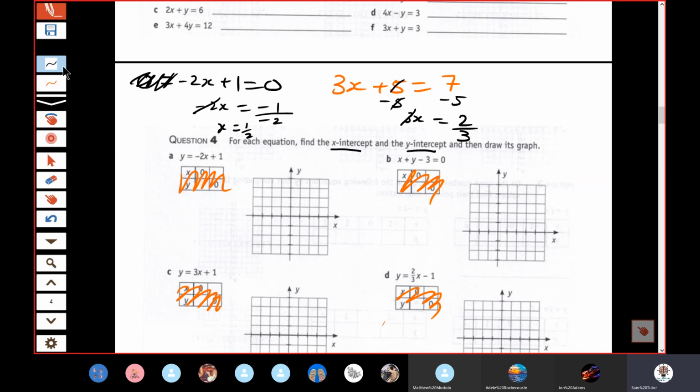One is the equals 0. X. Three equals. How many is minus 3? 3 to the outside. X equals.